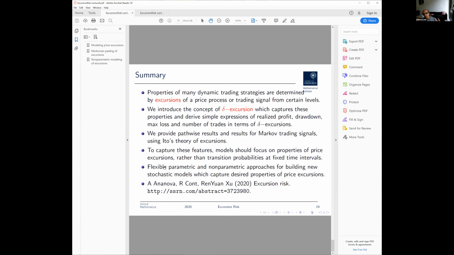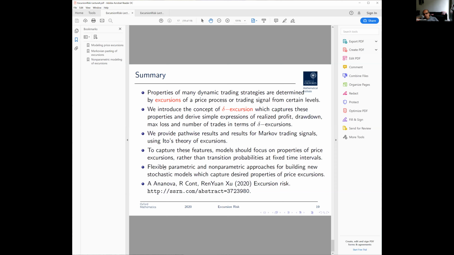We showed that there are some results that you can derive pathwise using the roughness properties of the path without any further assumption on the probabilistic properties of the signal. Then we showed you a second class of results, under the stronger assumption that the signal is a Markov process. There we have the very powerful tool of Ito's theory of excursions that completely describes everything in terms of a single object, the Ito excursion measure, or a distribution on the space of delta excursions, if you want.